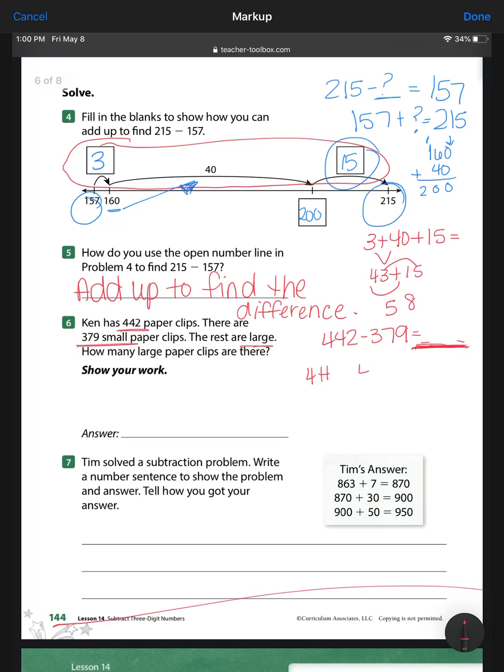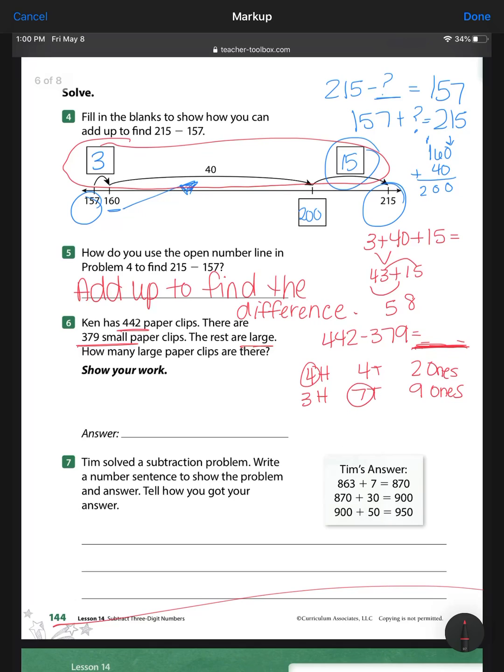So we have 4 hundreds, 4 tens, and 2 ones. Then we have 3 hundreds, 7 tens, and 9 ones. All right, and now we have to figure out which one is bigger.